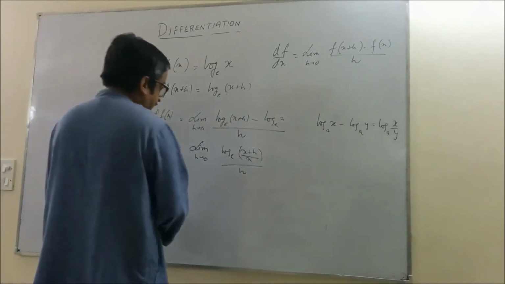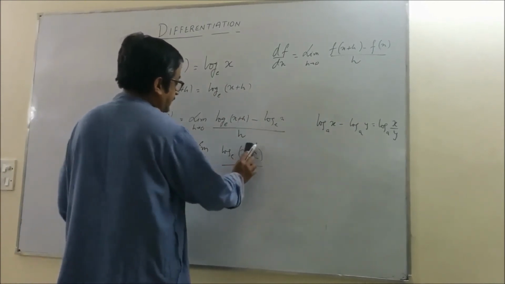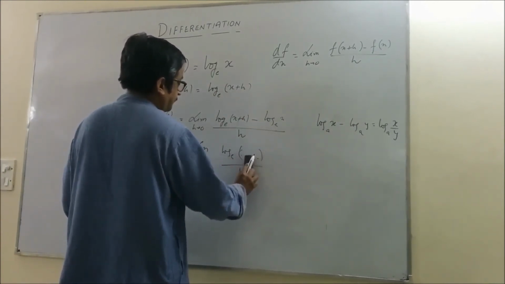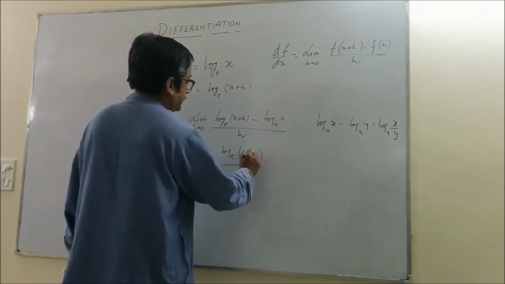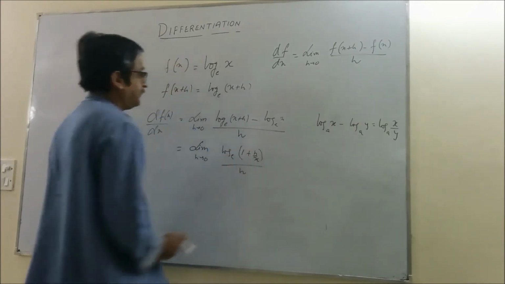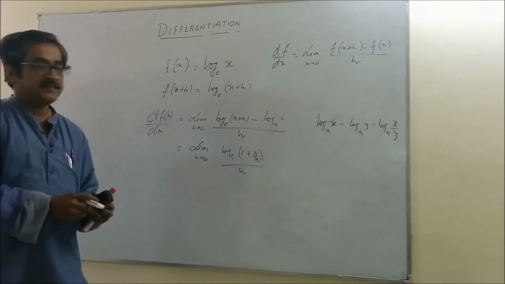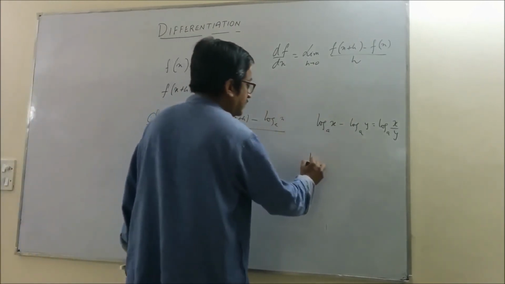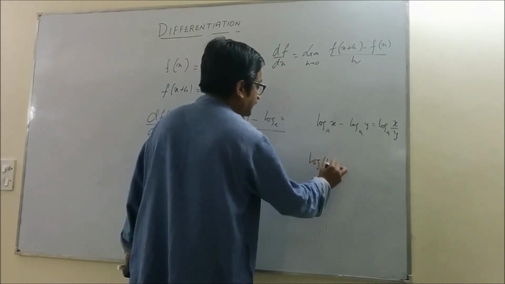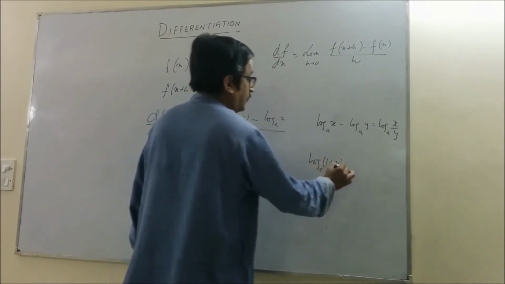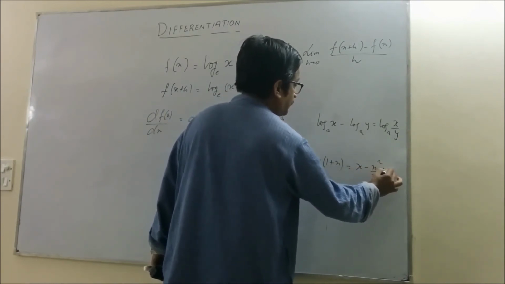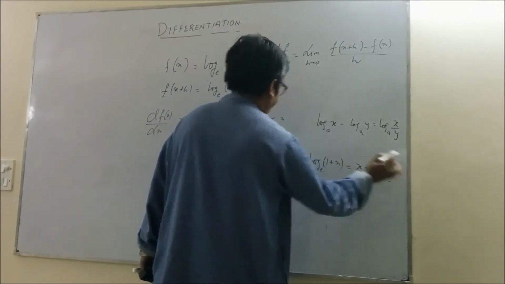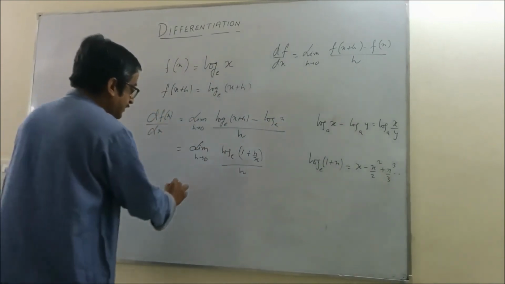So if I simplify this, I will get log of 1 plus h by x. Now we did in one of our Taylor series expansions, the expansion of log (1 plus x) is x minus x square by 2 plus x cube by 3 and so on. I'll use it over here.